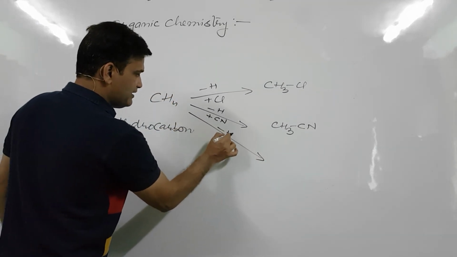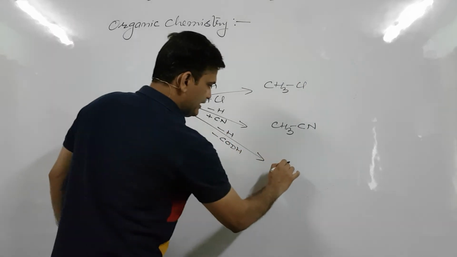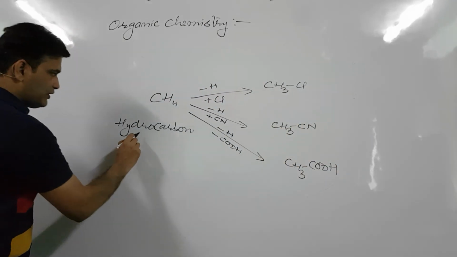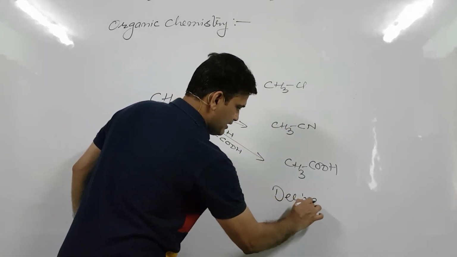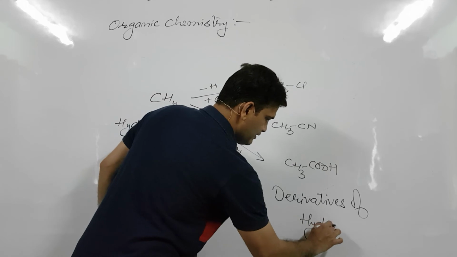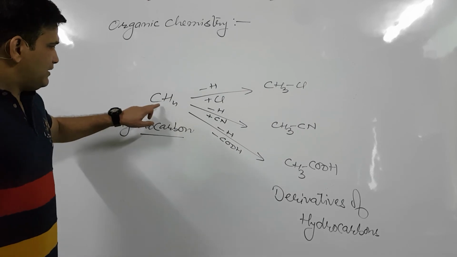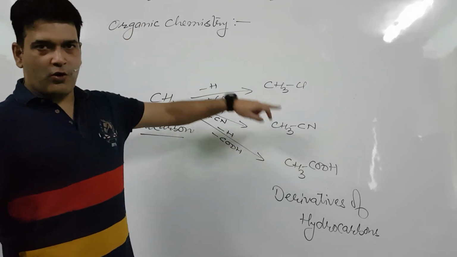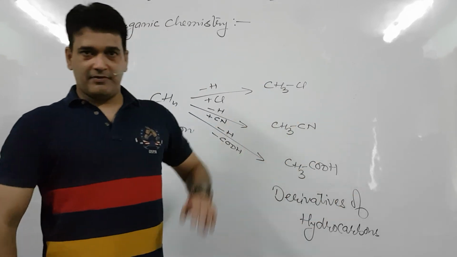Suppose its hydrogen is subtracted and COOH is added, it will be CH3COOH. So this is a hydrocarbon and these are derivatives of hydrocarbons. This is a hydrocarbon and these are the compounds obtained from hydrocarbon, so they are called derivatives of hydrocarbons.